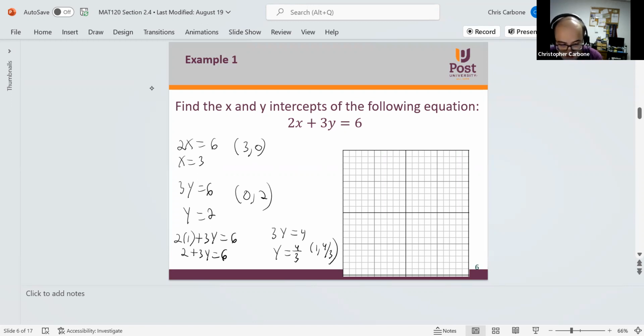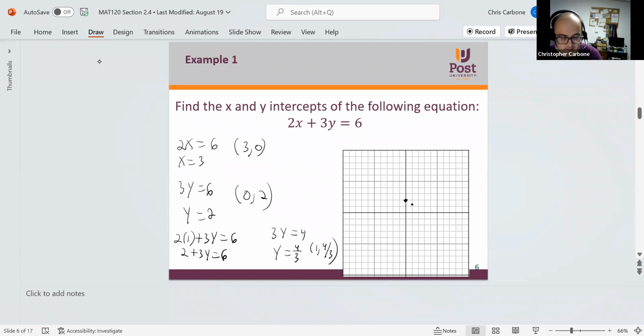So graphing that on here, we have an x-intercept at (3, 0). Y-intercept at (0, 2). And at (1, 4/3), that would be about there-ish. And I just realized the reason why this looks off is because I didn't put the x point in the correct location.